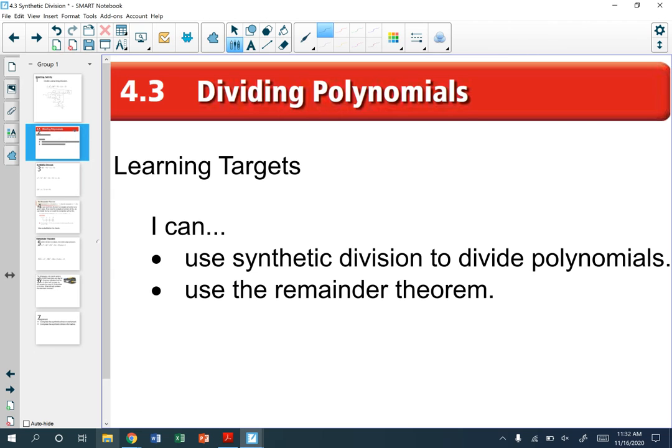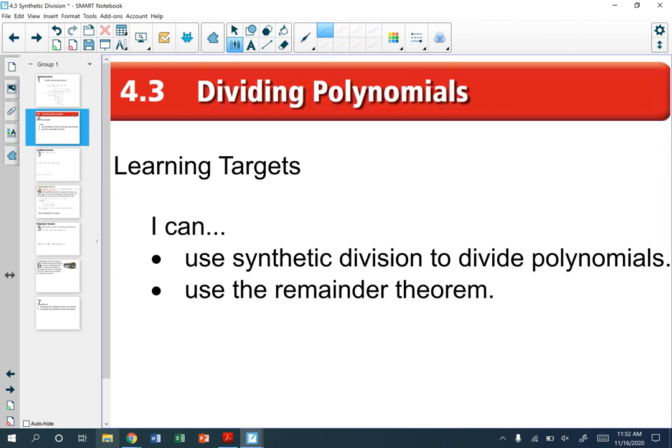Perfect. So today we're going to continue dividing polynomials, but we're going to look at using synthetic division to divide polynomials. Now, in order to use synthetic division, our divisor has to be in the form of x minus k.